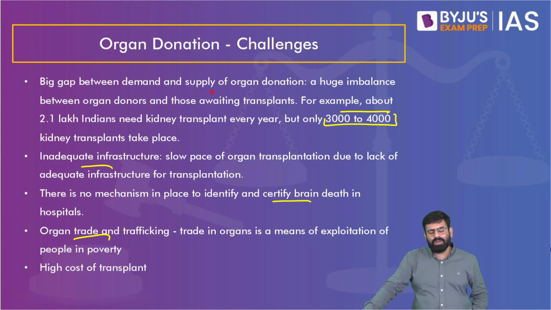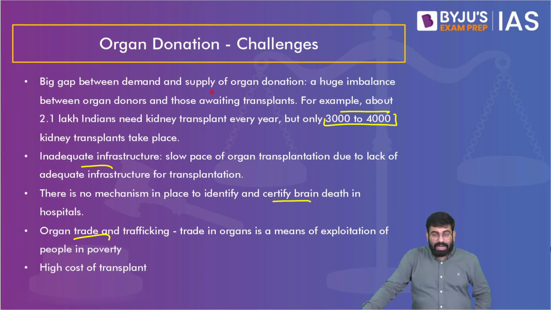The way we were talking about surrogacy, that this surrogacy regulation bill talks about surrogacy happening for altruistic reasons, for actually helping someone. So should organ donation be. It should not be made a commercial activity.